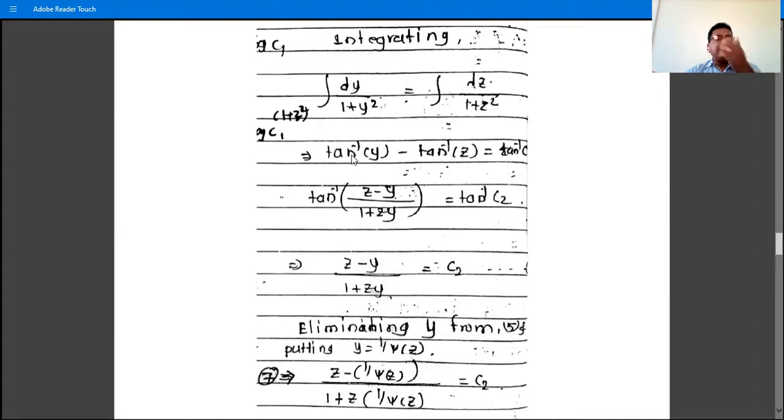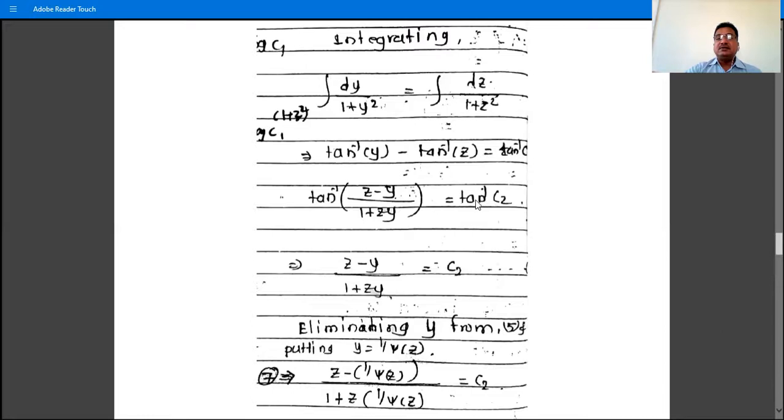Check this rule: tan inverse a minus tan inverse b, I think it is tan inverse of (a minus b) divided by 1 plus a into b. So if it is that form, then in the place of z minus y write y minus z. If you write z minus y or y minus z, we only get a change of sign at this place.